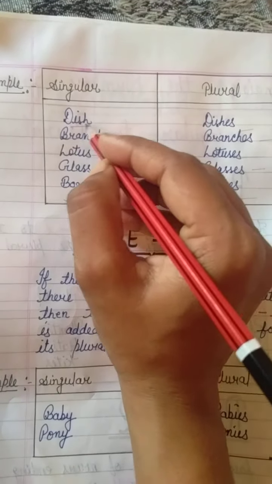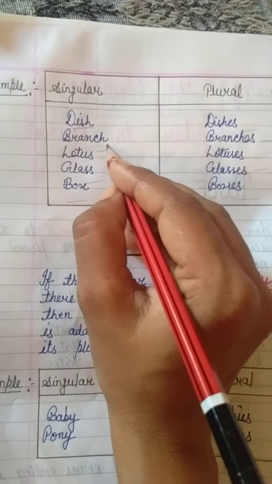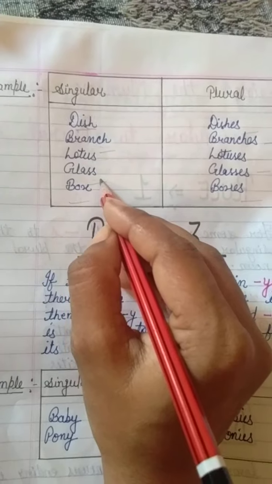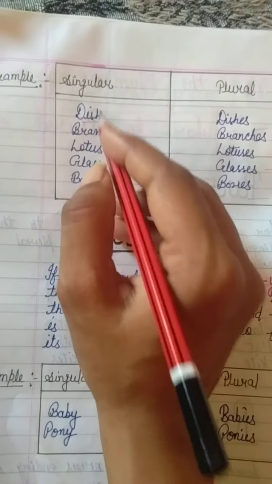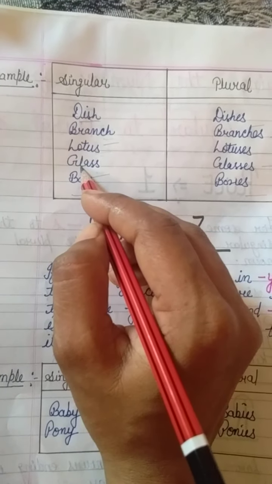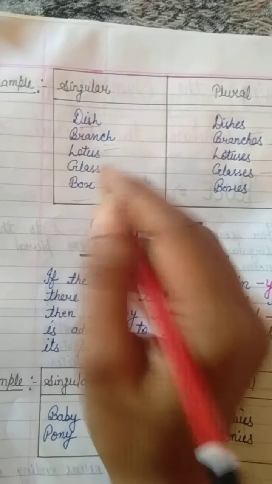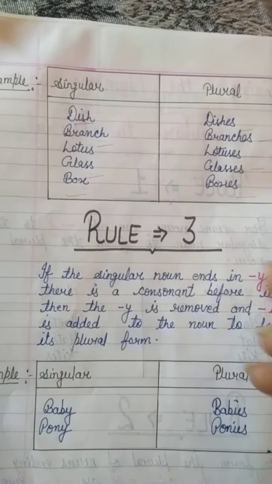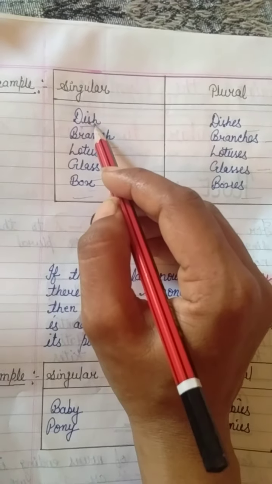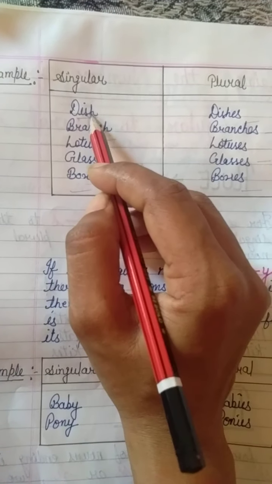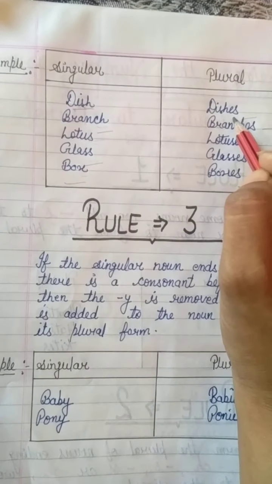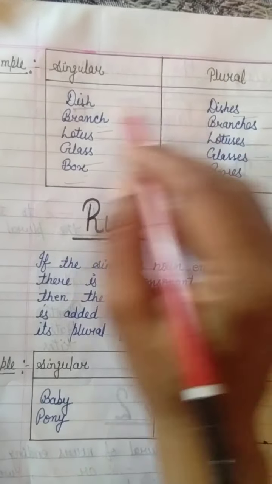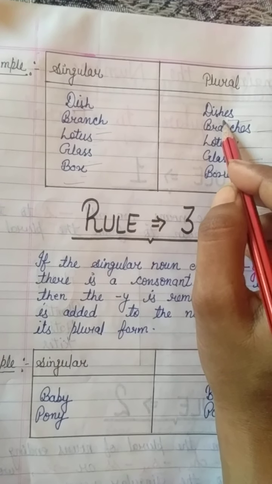Students, we can see sh, ch, s, ss and x at the end of the singular nouns. So when we have to make the plural of these singular nouns, we add es to each singular noun.